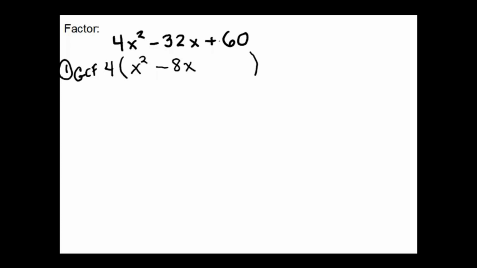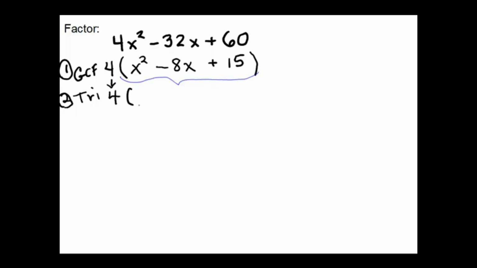And for the third term, just divide. 4 into 60 will go 15 times. Now, we have to check and see if this trinomial will do more. Anytime we have something to the second power or higher, we have to see if it will factor. The 4 is finished. You're just going to bring it down. And now we're just working on this trinomial.